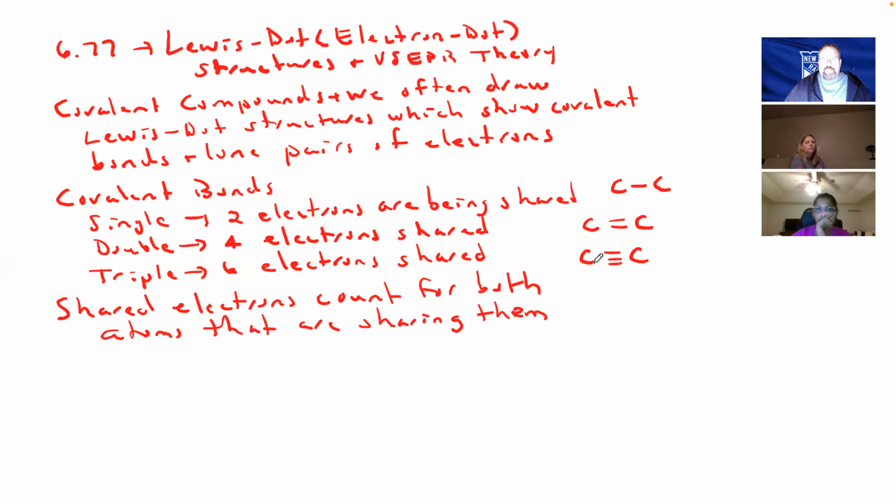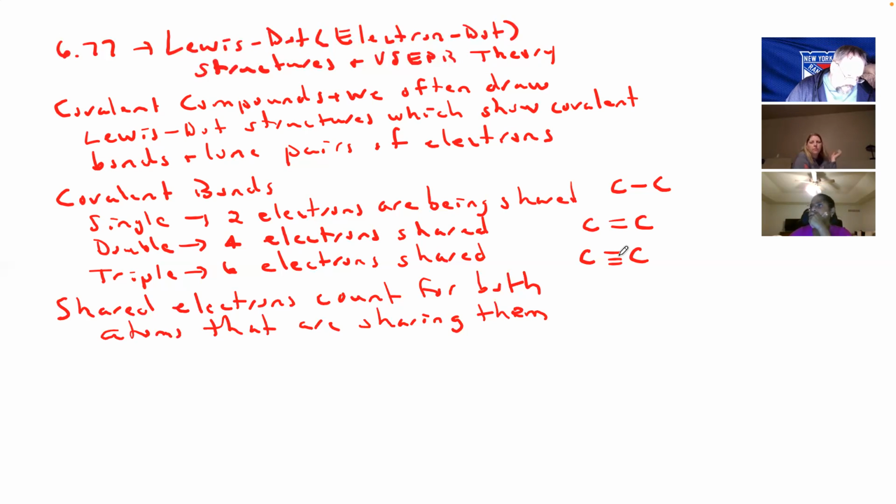So in other words, these 2 electrons would count towards the valence electrons of both carbons. These 4 electrons would count towards the number of valence electrons for both carbons. These 6 electrons would count towards the number of valence electrons for both of the carbons. Shared electrons count for both atoms that are sharing them.